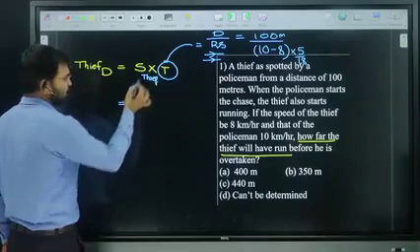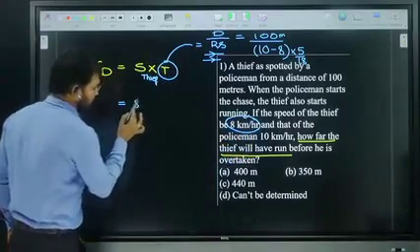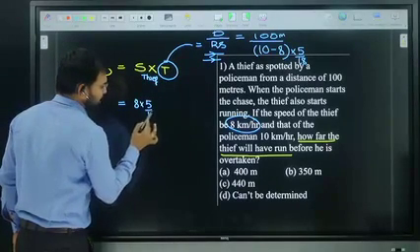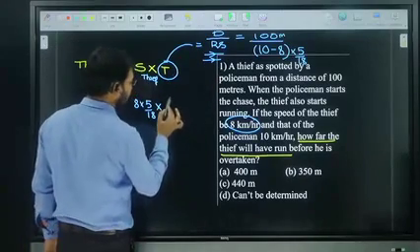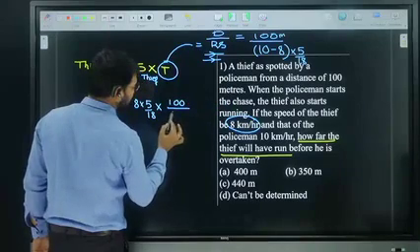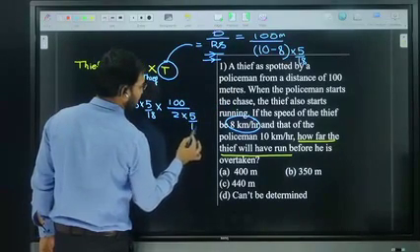Thief speed is how much? 8 km per hour into 5 by 18. This is the speed. Time is what? 100 meters by 10 minus 8, which is 2, into 5 by 18.